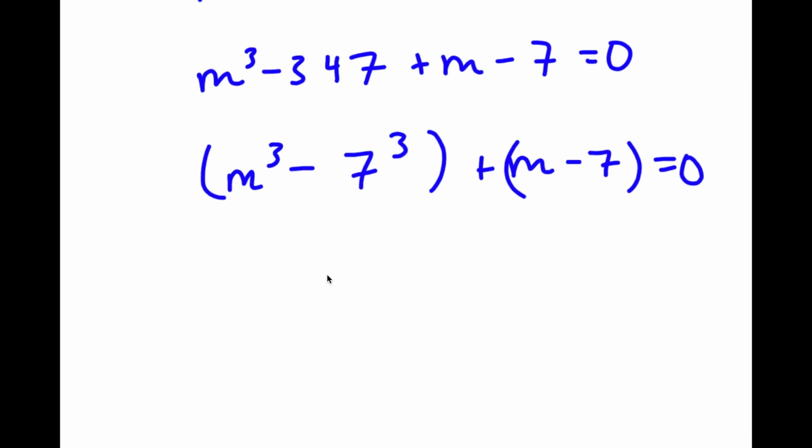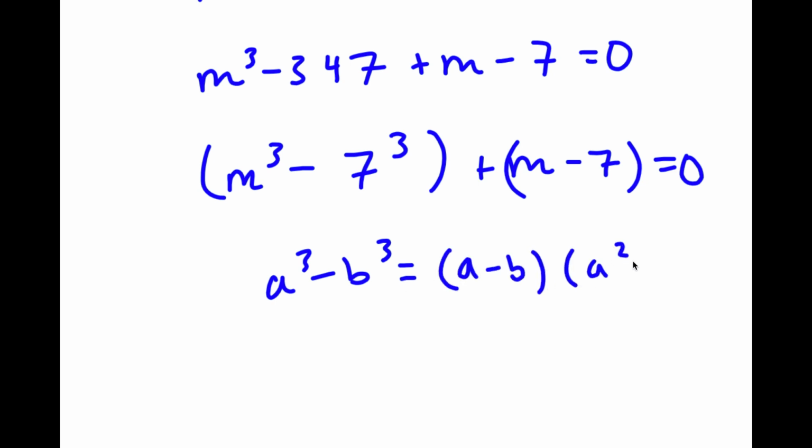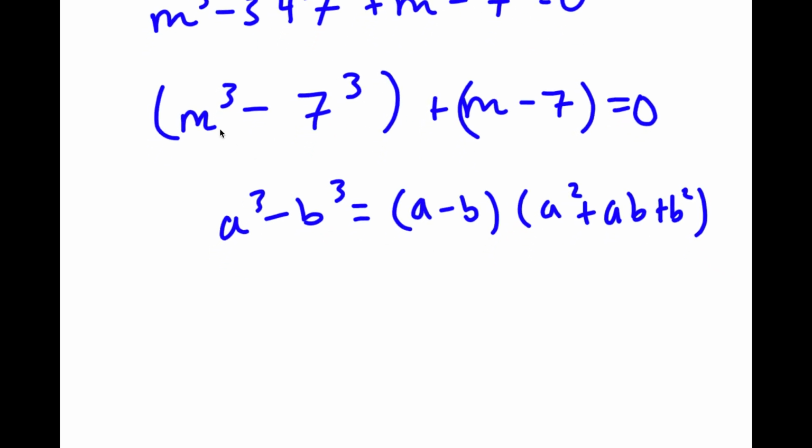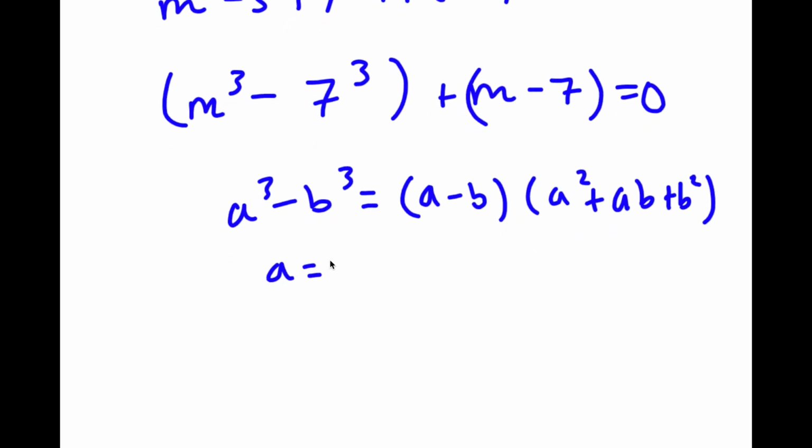Now, if I have something in the form a to the power of 3 minus b to the power of 3, this is the same thing as a minus b times a squared plus ab plus b squared. So in this case, a is m and b is 7.